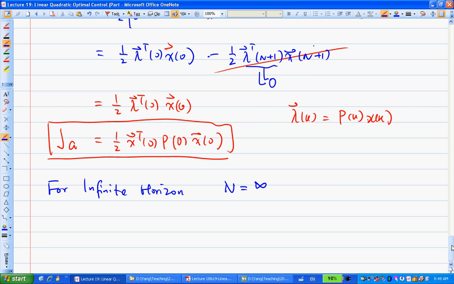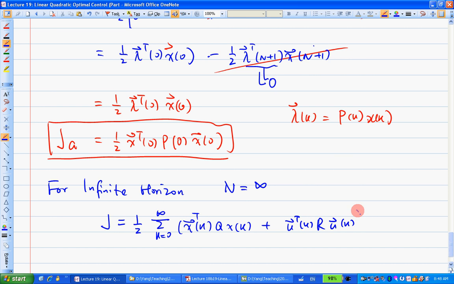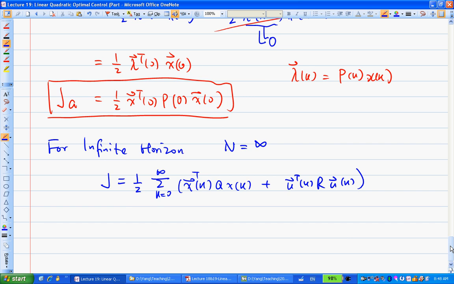Not much difference. For infinite horizon, your J or performance index will become 1/2 sum from k equals 0 to infinity of x transpose k Q x of k plus u transpose of k R u of k. So that's the J here.